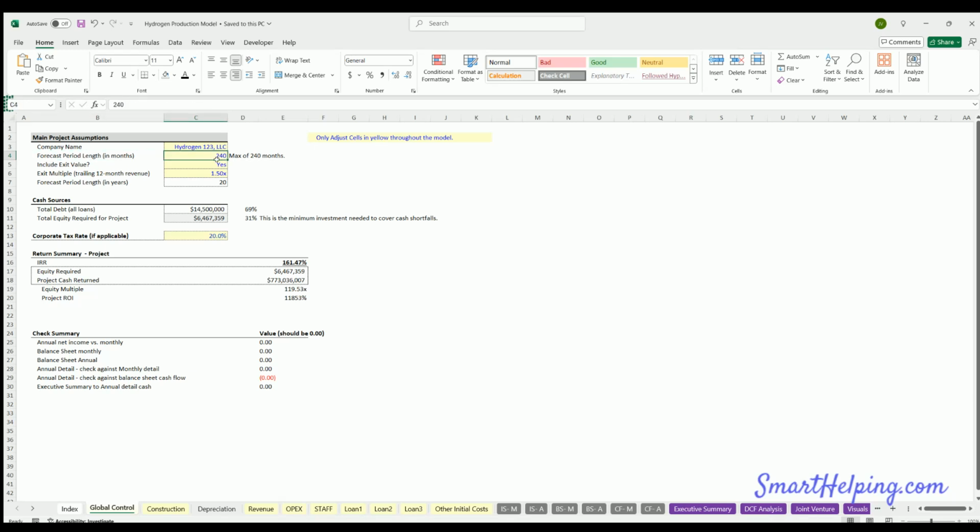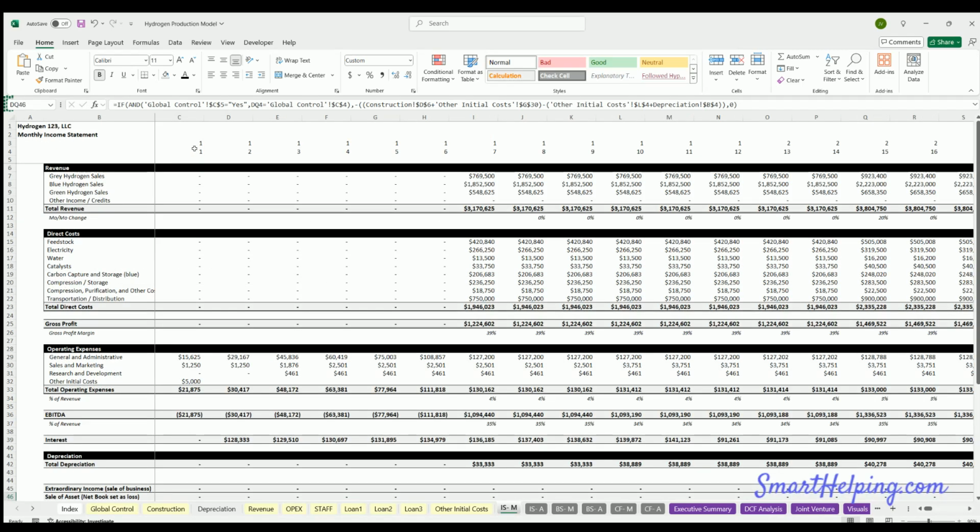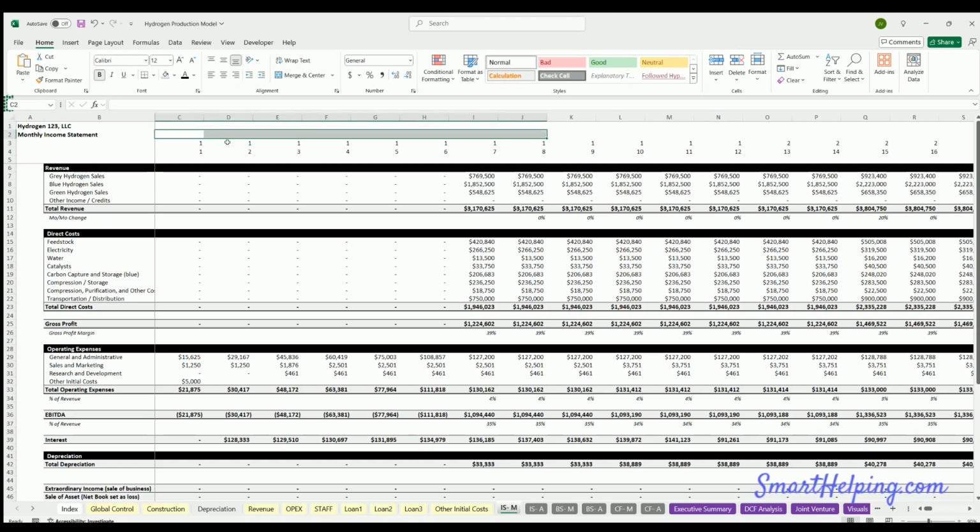And then when it does stop, you can choose to have an exit value or not, yes or no. It'll be based on a multiple of the trailing 12-month revenue from the stop month. Now, the months in the model are completely arbitrary, just starting with month numbers. You can assign any date you want to this. So that's completely flexible. The key is the model's running on a 1 through 240 month timeline.